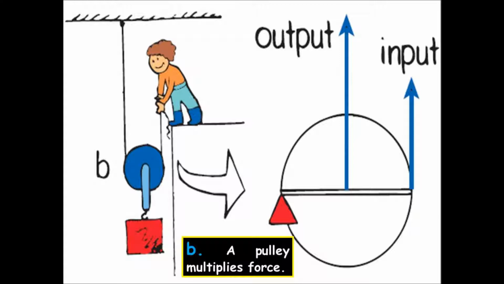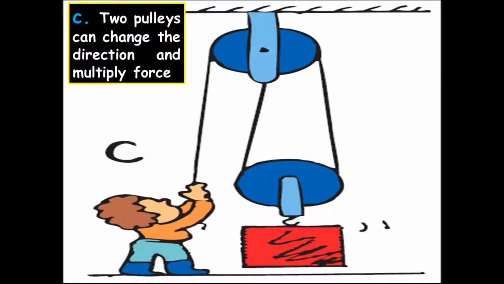Okay, so here the directions are the same, but the pulley multiplies the forces, or divides it, multiply by the reciprocal kind of thing. Here I have two pulleys that can change the direction and multiply the force. So when I say multiply the force, understand what that means. That means multiply by its reciprocal.